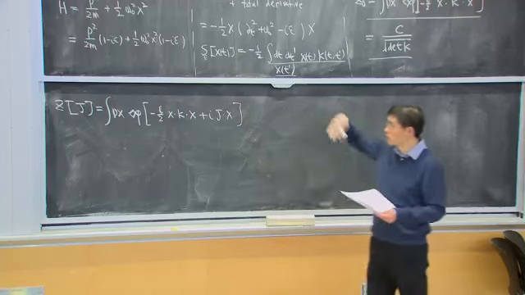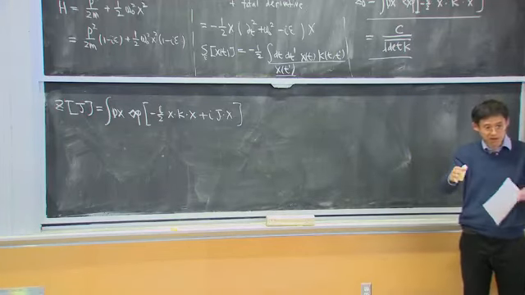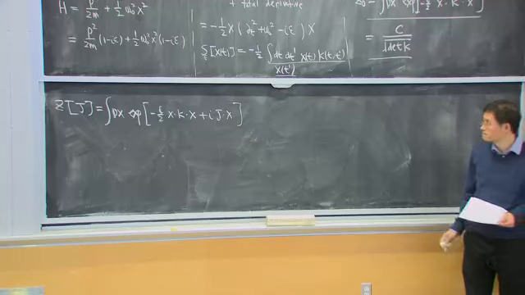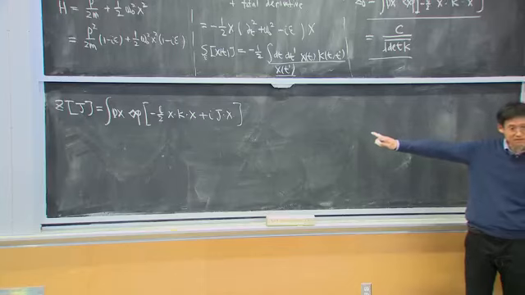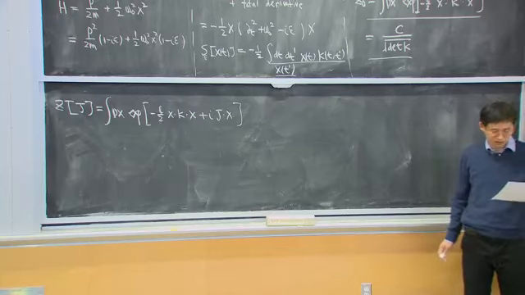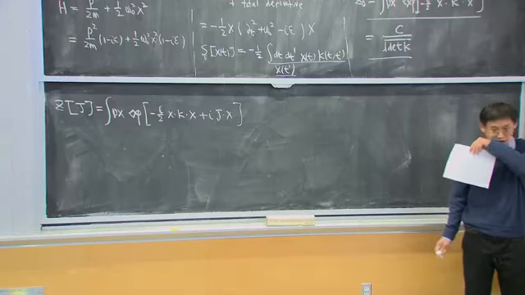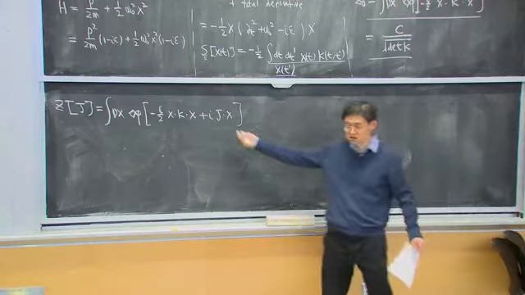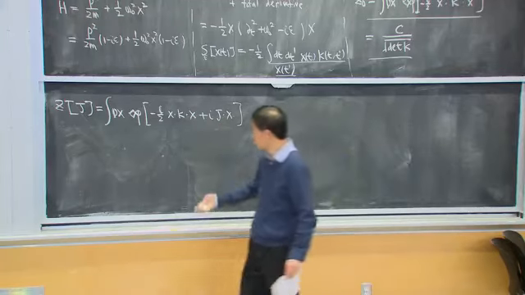You view the integration as a huge sum of vector products. If this were a finite dimensional integral, we know how to do this, because this is just a Gaussian with a linear piece. So we can just write down the answer.